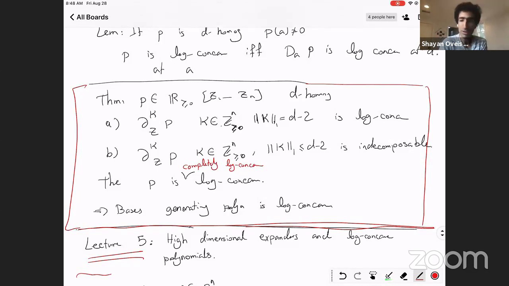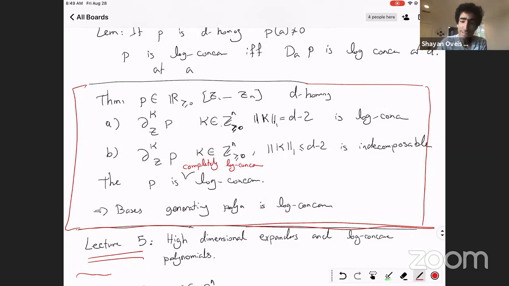You have to test exponentially many possibilities for all the ways you get to degree 2. When you get to degree 2, you just need to look at the Hessian of the polynomial and see if it has at most one positive eigenvalue. But indecomposability is also not so hard to check. You just need to look at the Hessian again, maybe not going all the way to degree 2, at any degree in between, and see if the Hessian again has at most one positive eigenvalue.